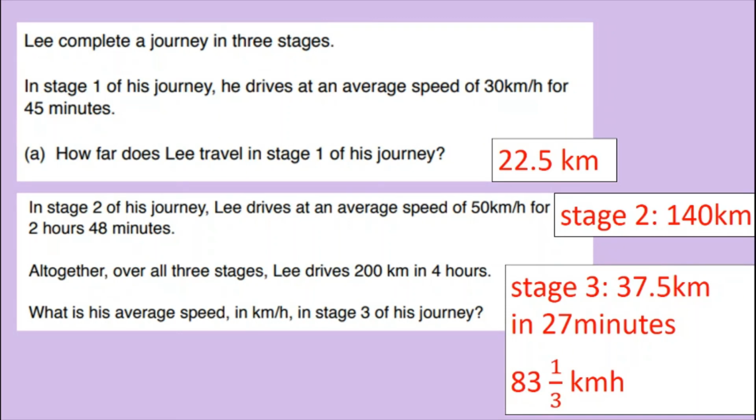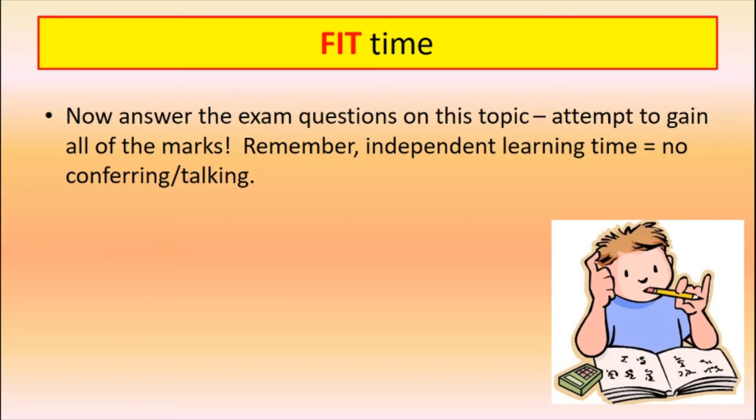If stage 1 was 22.5 and stage 2 was 140, you can subtract those from the total 200 to get 37.5 kilometers for stage 3. You can also use the information given to work out it took him 27 minutes. Convert the minutes to hours, and then from there work out that it is 83 1/3 kilometers an hour for his average speed.